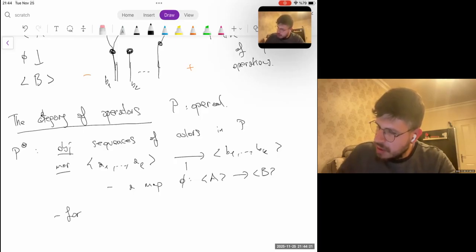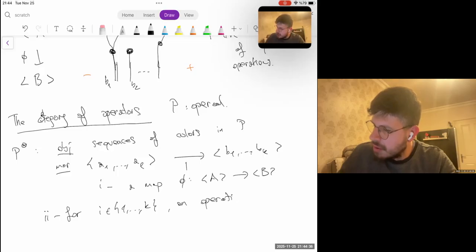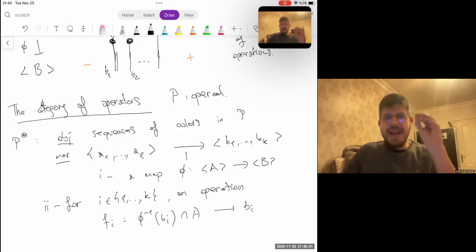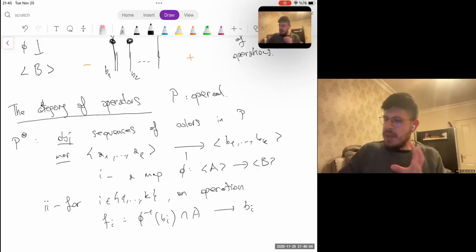Number two, for each i between 1 and K, an operation, let's say Fi, from phi inverse of Bi in A to Bi. I'm kind of abusing notation, but I hope the idea is clear.